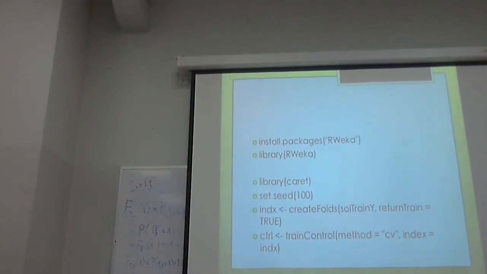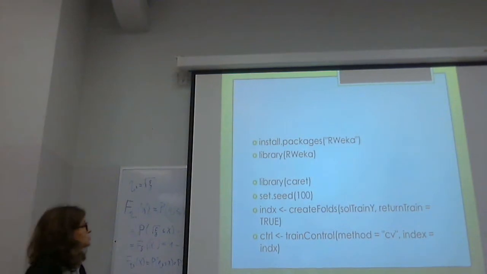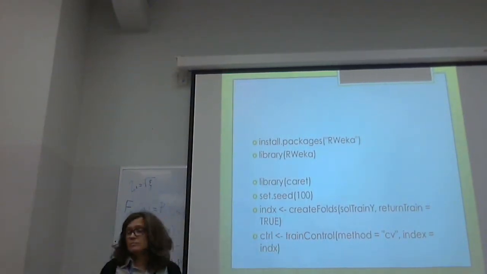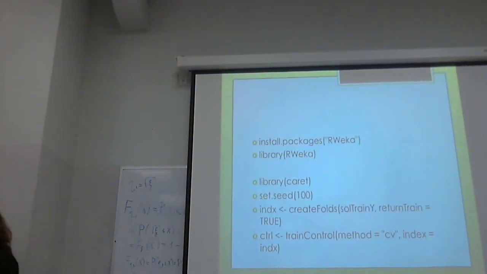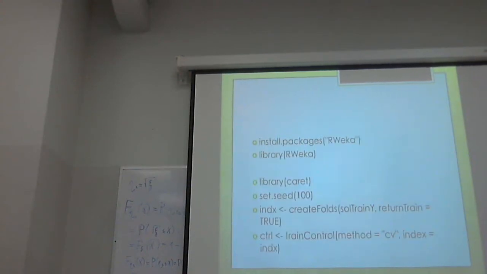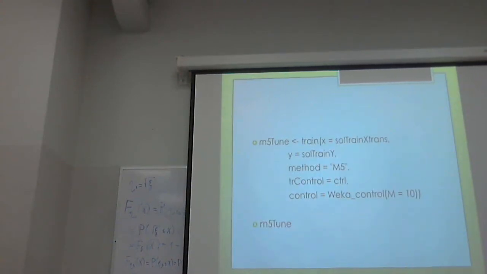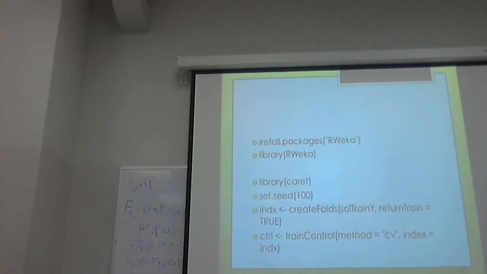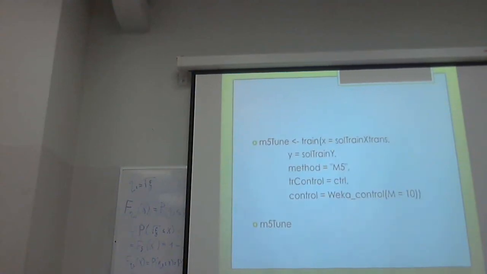Then you don't need to type these two lines because you have them the same from the previous analysis. And then you do M5 methods. No, we don't have this here. Control.